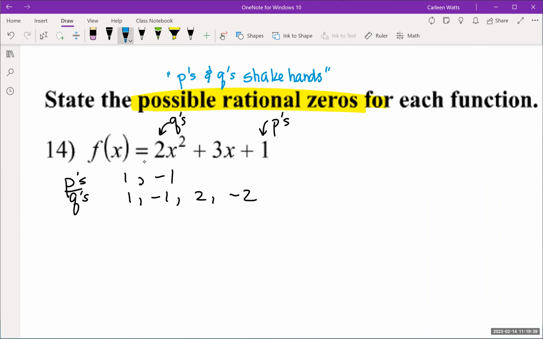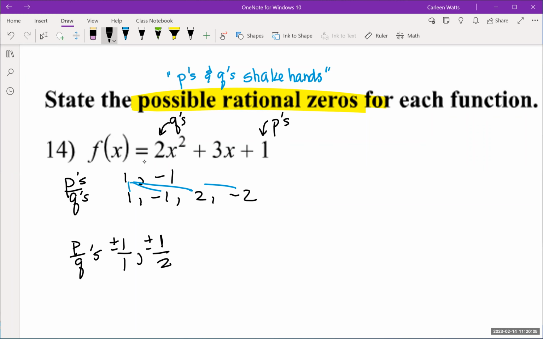P's and Q's shake hands. So now we're going to make fractions. The P over Q's are 1 divided by 1, the positive and the negative. 1 divided by 2, the positive and the negative.